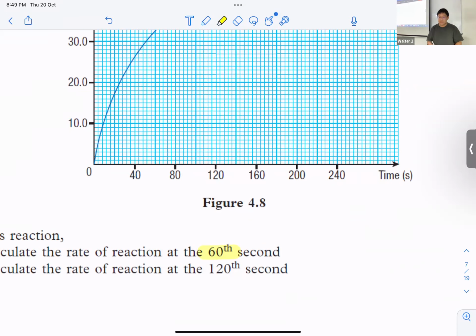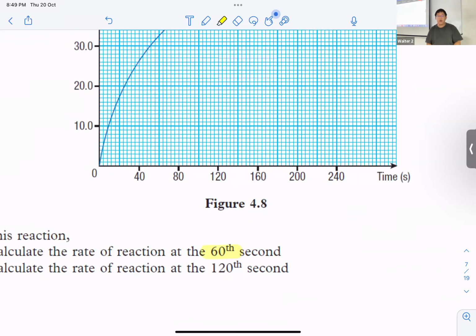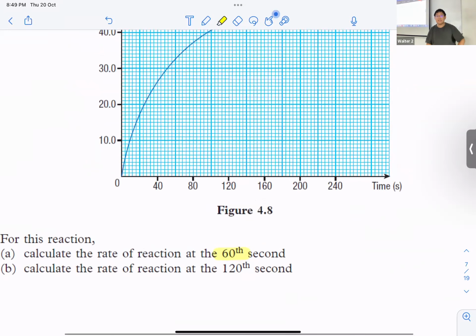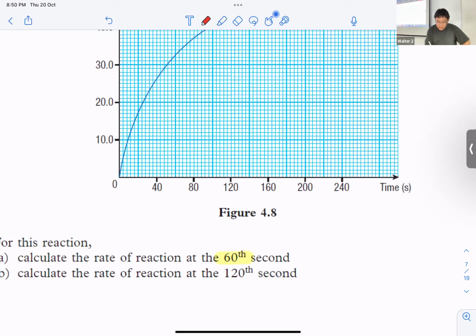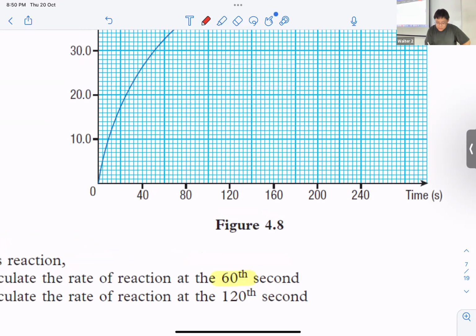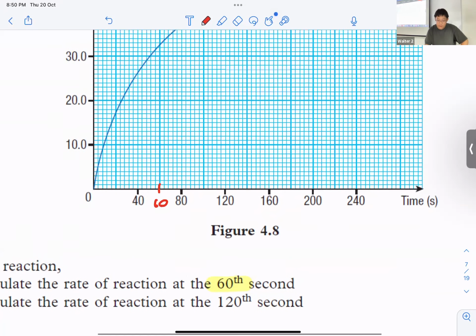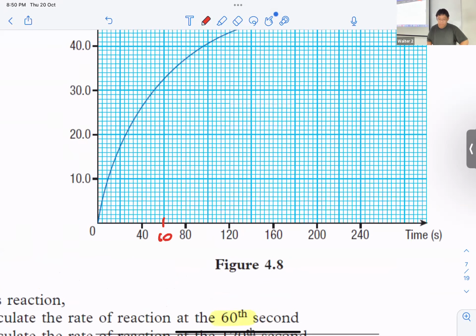For example, here they want to calculate the rate of reaction at the 60th second. You see this graph over here: this is 20, this is 60, this is 100, and so on, correct? So I'm going to focus on 60 right now because that's what they want. At the 60th second, the graph is over here.